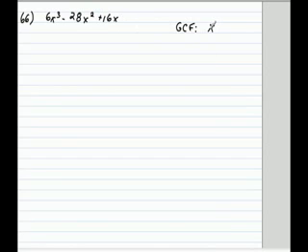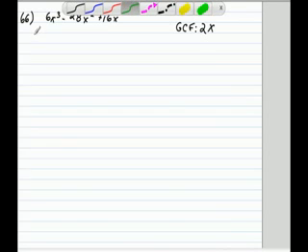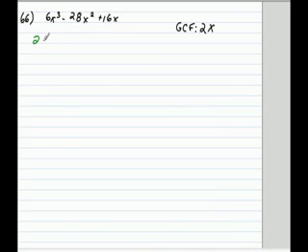And we can factor out a 2 out of all the coefficients. So if I factor out 2x, I end up with 3x squared minus 28x plus 8.